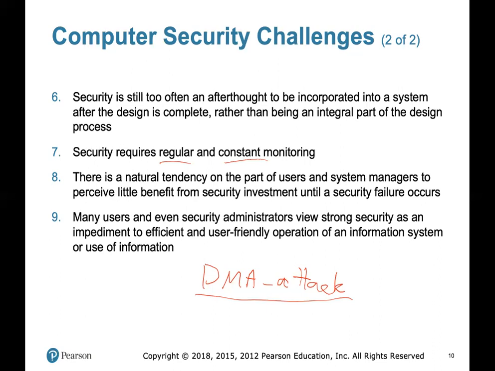Okay, there is a natural tendency on the part of the users and system managers to perceive little benefit from security investment. This challenge is somehow close to the previous one, from the managers' and designers' and the users' point of view. They say, okay, it's not worth it to invest in security. Probably that's not my case. That thing will not happen to my system.